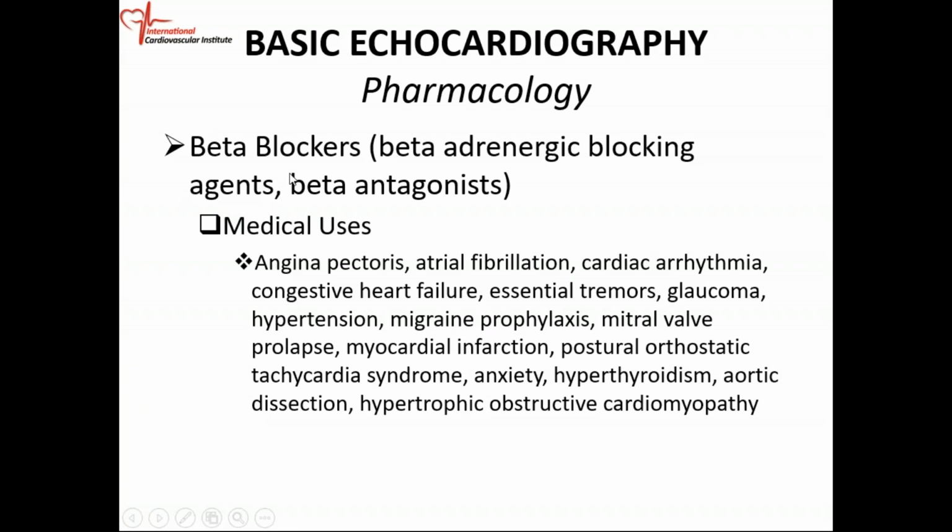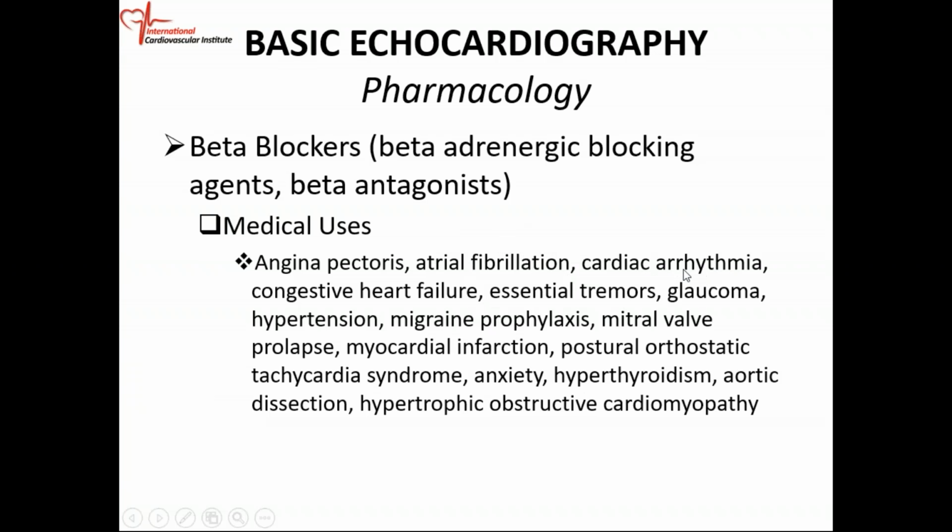So what are some of the medical uses for the beta blockers? We use beta blockers to treat angina pectoris, patients with chest pain because of narrowing of the blood vessels in the heart, as the blood vessels around the heart constrict. We use beta blockers to treat atrial fibrillation, to slow the heart rate down.